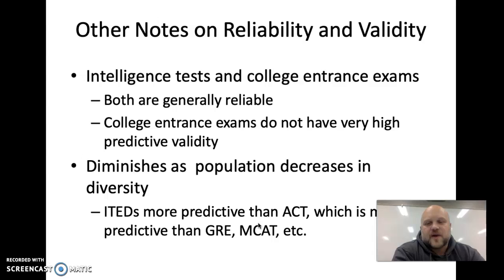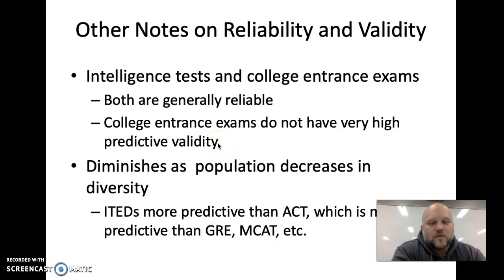The other thing I'll wrap up with is intelligence tests and college entrance exams. Like I said, they are pretty reliable. If you get a 21 on the ACT and you take it again, most times it's not going to go up quite so much, because it's more of an aptitude test, not a knowledge test, to some degree. They do not have terribly high predictive validity.